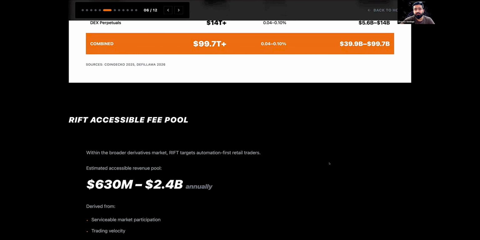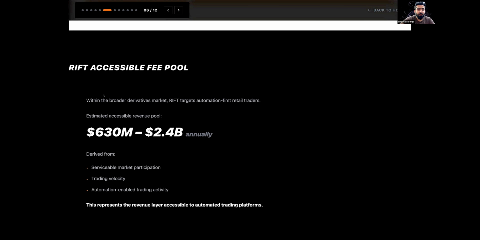The product is going to actually make money itself. This is the accessible fee pool that we are expecting, around 630 million to 2.4 billion annually in fee that we are going to collect from users, from traders. And this is going to be derived from serviceable market participation and trading velocity, because it's perpetual trading.